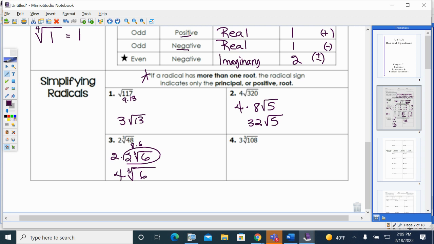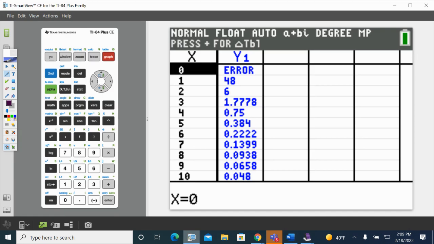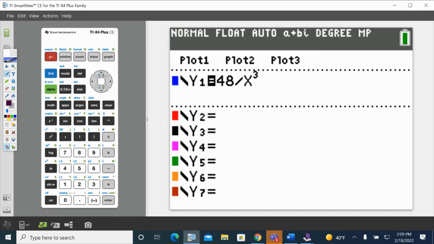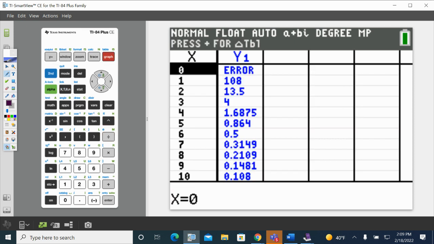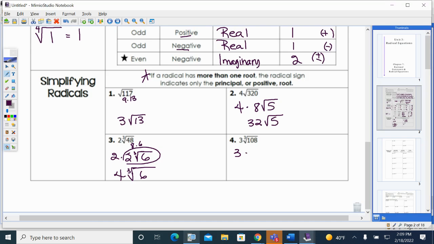Let's do that again. So number 4, I've got 3 times whatever I get when I simplify the cube root of 108. So I'm going to go to the calculator. 108 divided by x to the third power. And we get 3 cube root of 4. And then don't forget to multiply your 3 times the 3 to get your 9 cube root of 4.